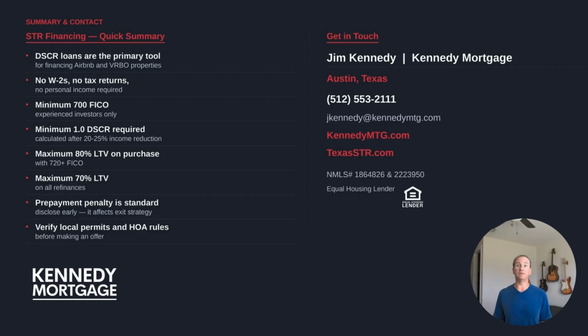That gets you the best rate, the best terms. You have to have good credit, a 700 credit score, hopefully 720 or above, to get to that 80% or 20% down range.